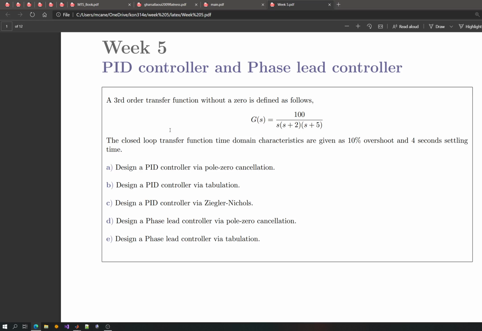Most of the time, this structure is preferred over almost all other controller types because it is predictable, and being predictable is very important if you are trying to have safety, or if you are trying to have a cheap implementation, etc. So it has some advantages.